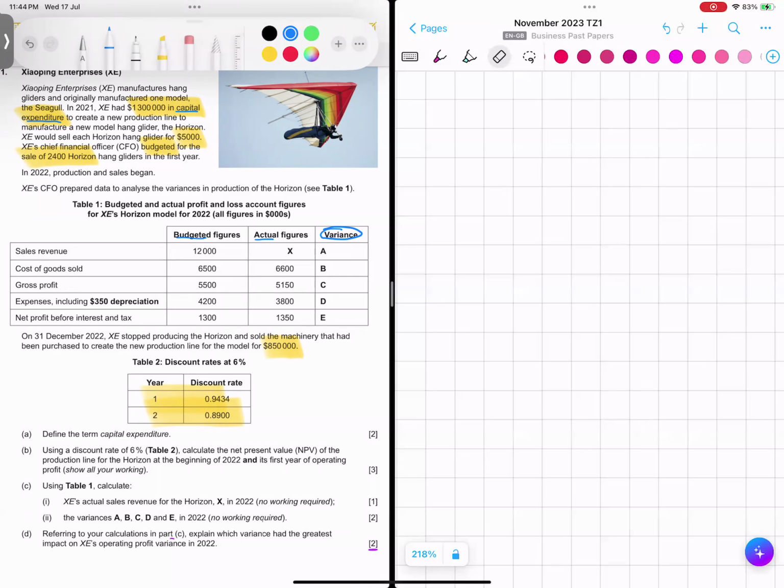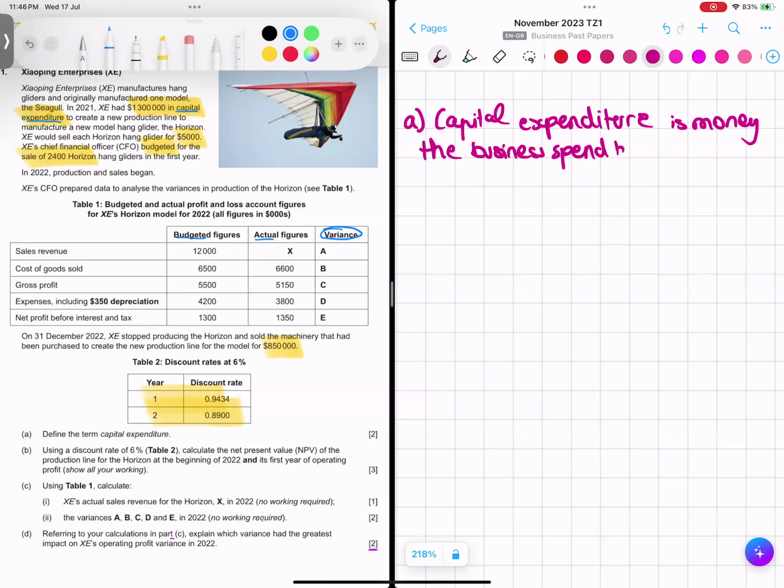So firstly, we are going to begin with defining capital expenditure. What is capital expenditure? Basically, capital expenditure is the money the business spends to acquire fixed assets.